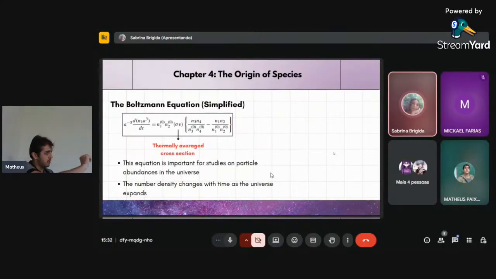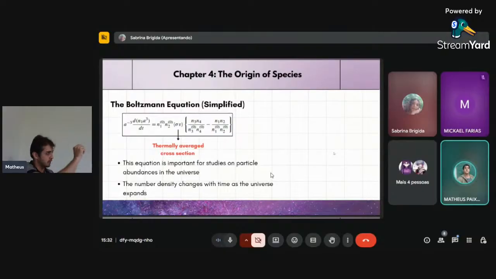So it's the same idea. You have a sum, but in this case an integral, of the cross section times the velocity. The cross section depends on the interaction you are considering.